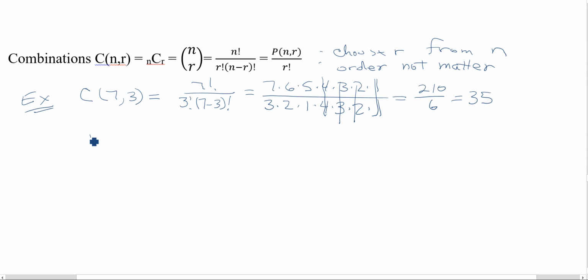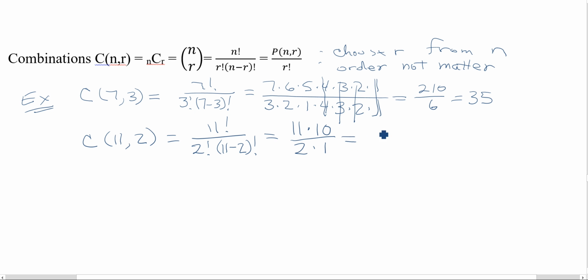Instead, if I look at combination 11, 2, that would be 11 factorial over 2 factorial, 11 minus 2 factorial. Or I can think of that as 11 permutation 2 over 2 factorial, which would multiply to give me 55.